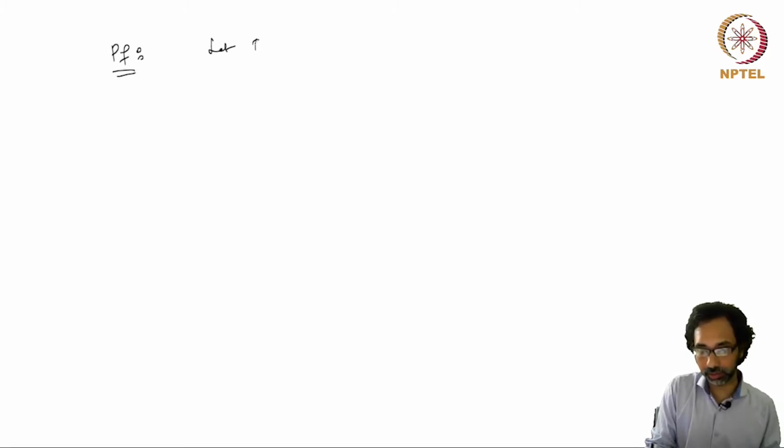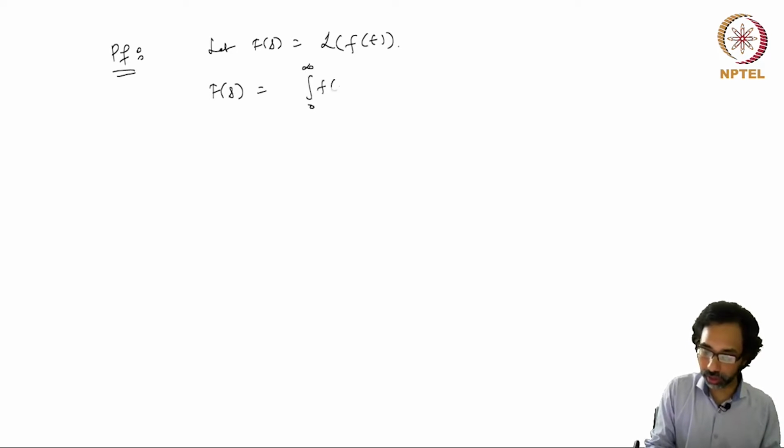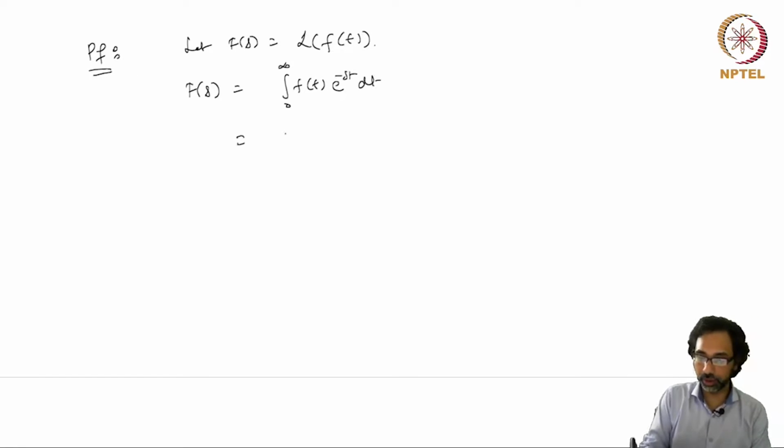So let F(s) denote the Laplace transform of f(t). So then we can define the integral from 0 to infinity of f(t) e to the minus st dt. Now we are going to break up this integral. The first integral is from 0 to T, and the second integral is from T to infinity.